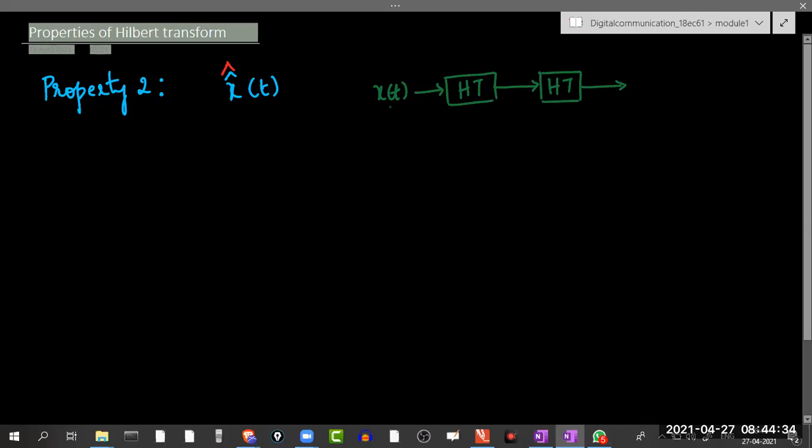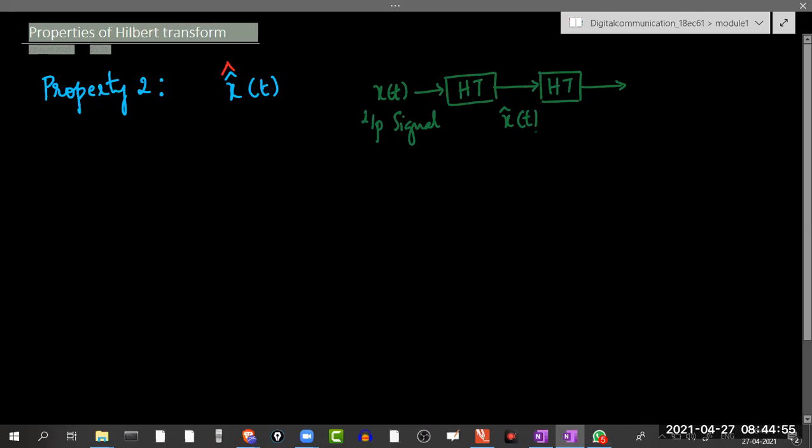Here, what was my initial input signal? It's x of t. This is my input signal. And what is my intermediate output signal that I'll get if I make this x of t pass through this Hilbert transform? I'll get it as x cap of t.